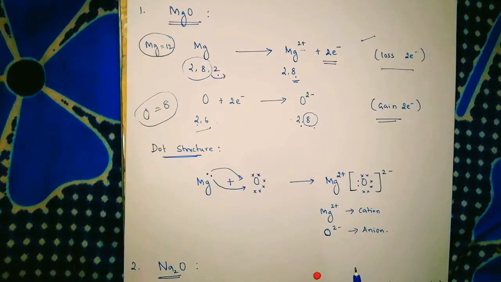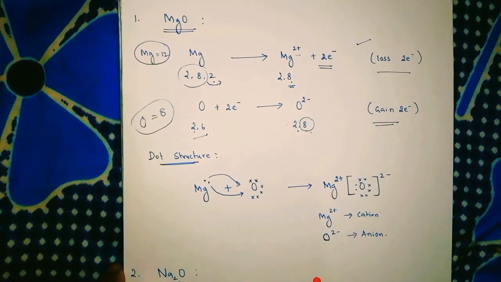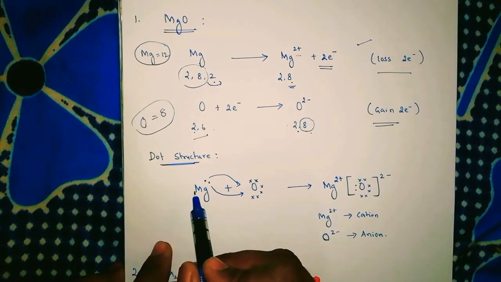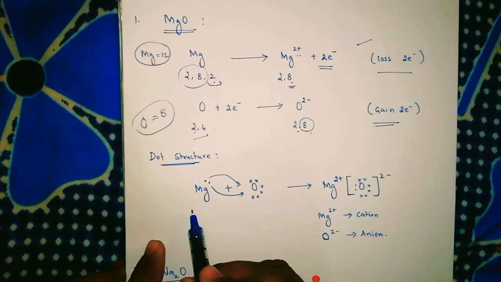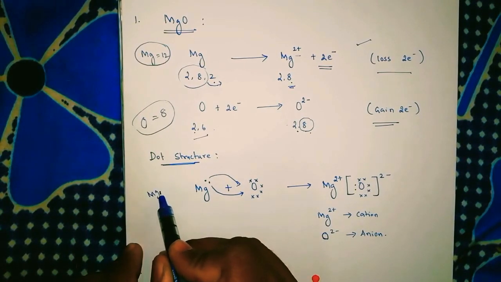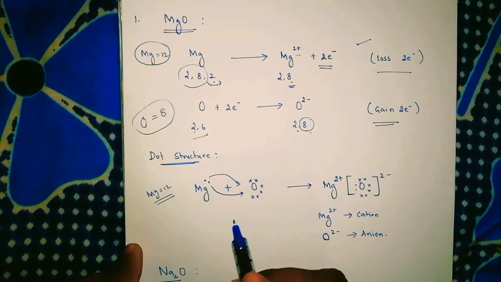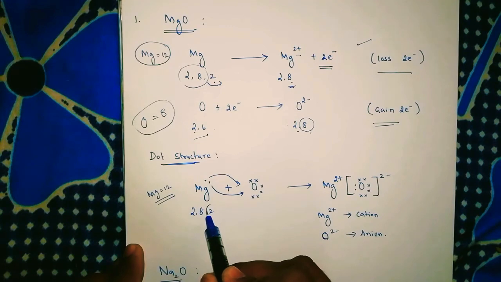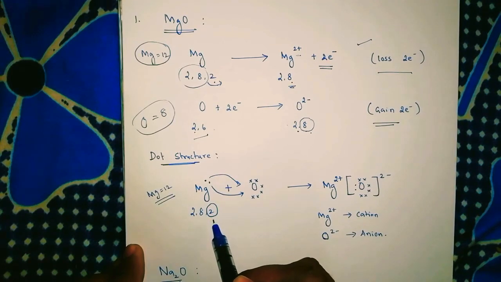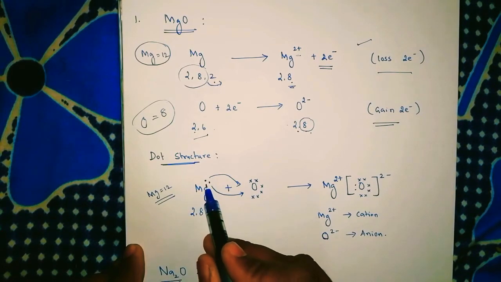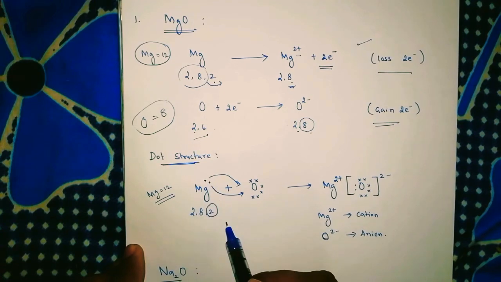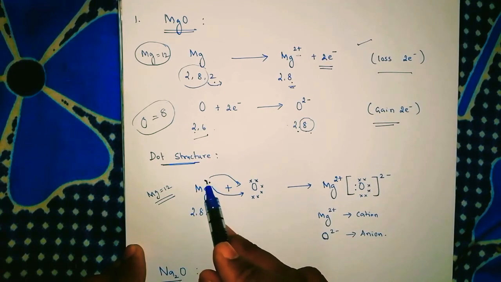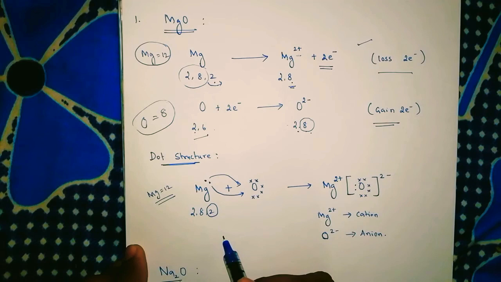Okay, let's try with the dot structure. How do we write the dot structure? Magnesium has atomic number 12, so in the last shell it has 2 electrons, as the configuration is 2, 8, 2. To show the 2, I am writing 2 dots here, because 2 dots are 2 electrons in the last shell. Clear?